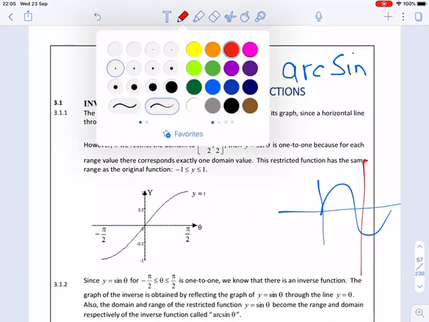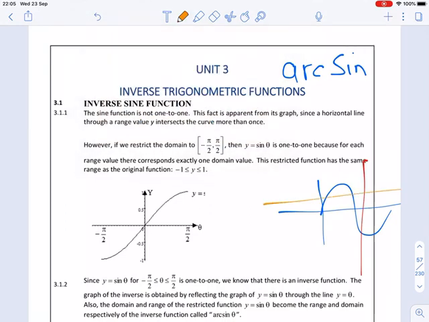But then we also said that if you draw a horizontal line and it intersects more than once, then the inverse function will not be a function. So arcsine cannot be a function if we take the normal sine function. That is what this horizontal line is showing us.